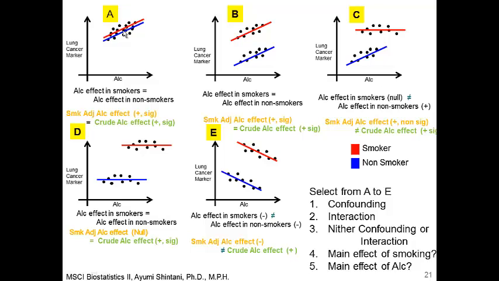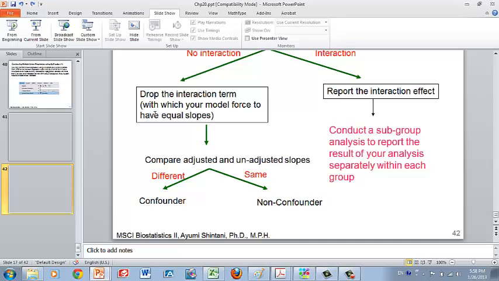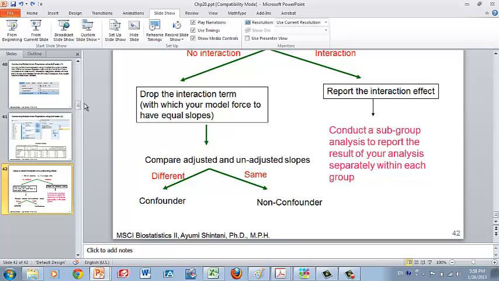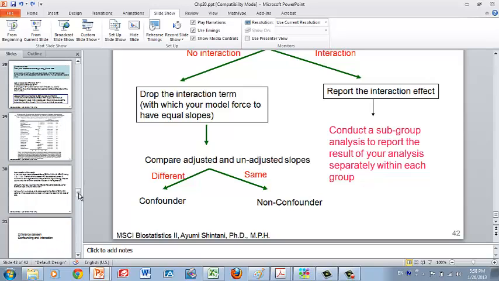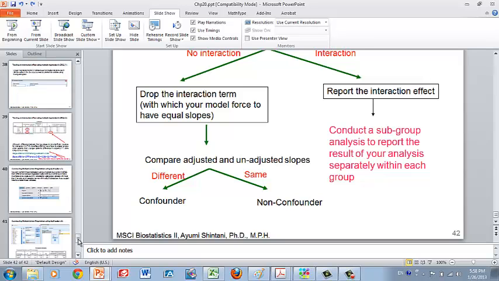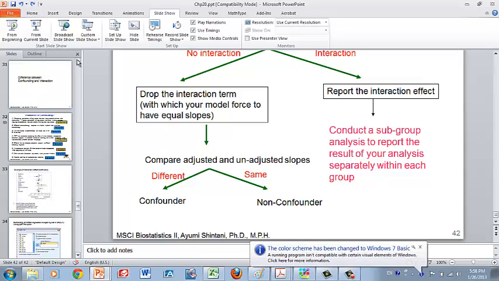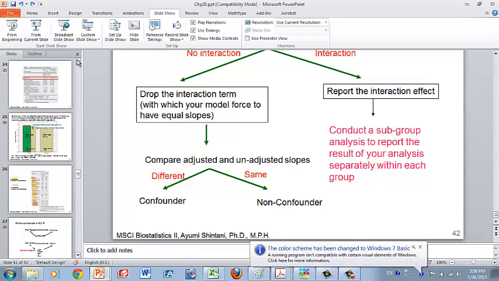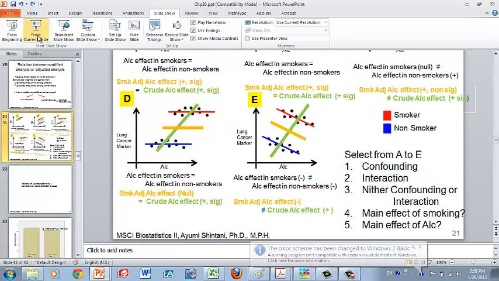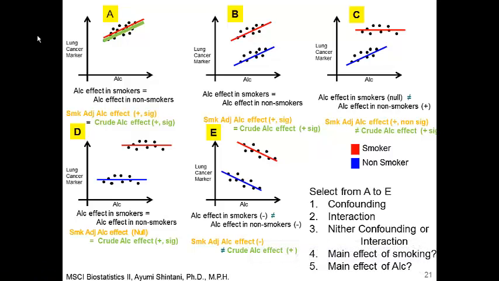Since the two slopes are the same, the smoking-adjusted effect will look like this.